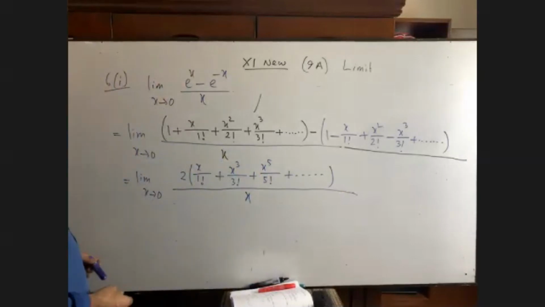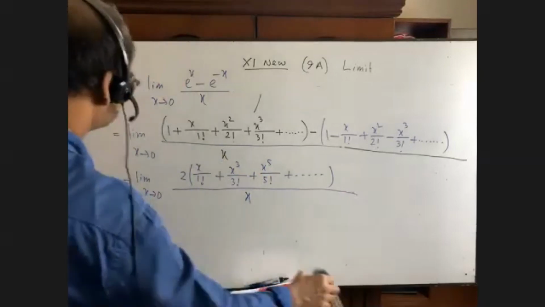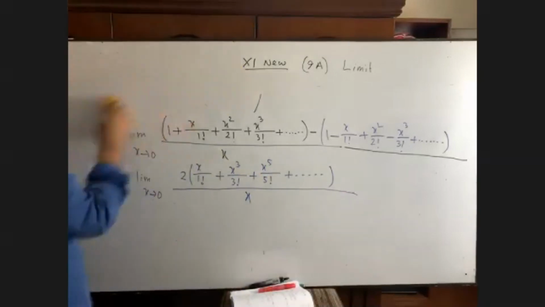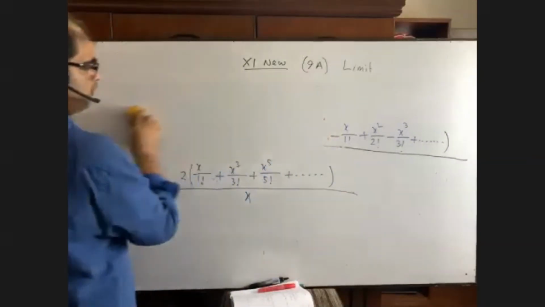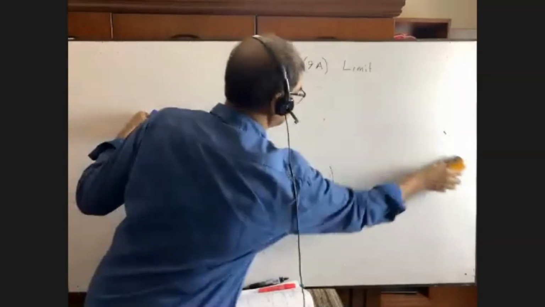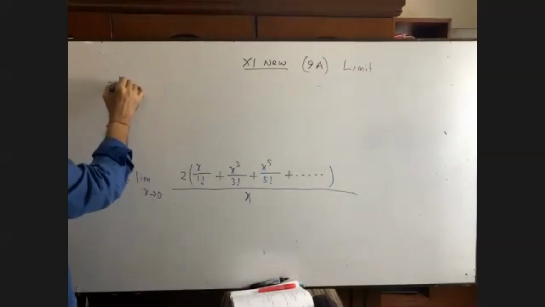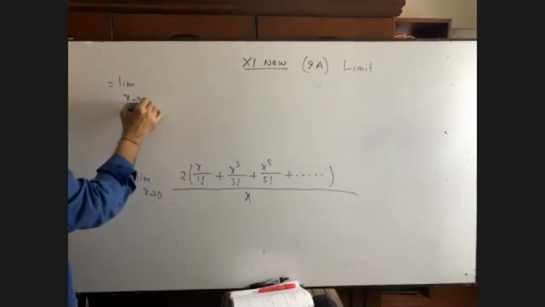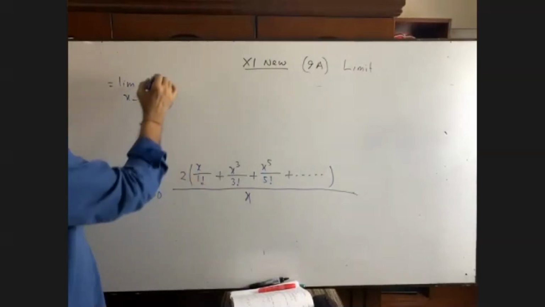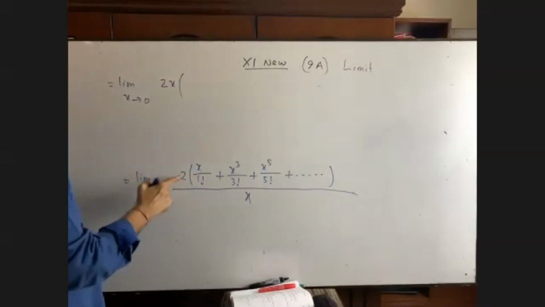Okay, now you see, from the numerator, one thing can be taken common, that is x. So limit x tends to 0, I can take twice x common. 2 is given.